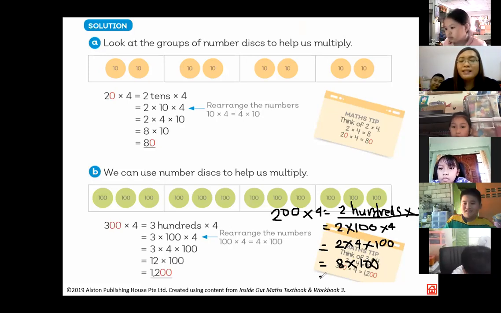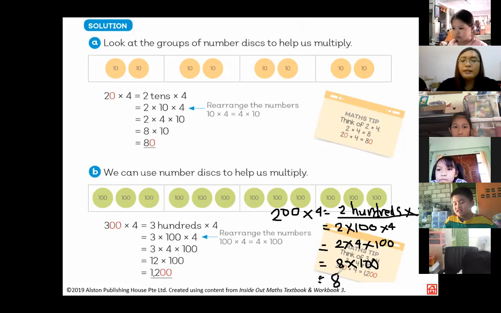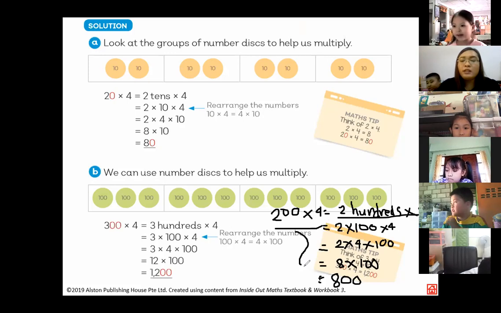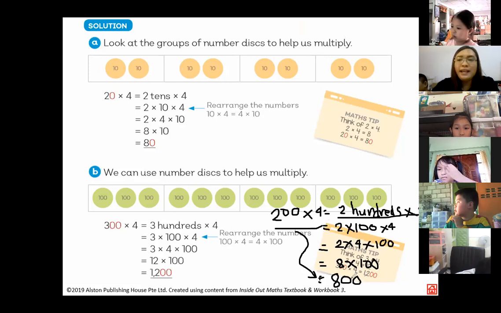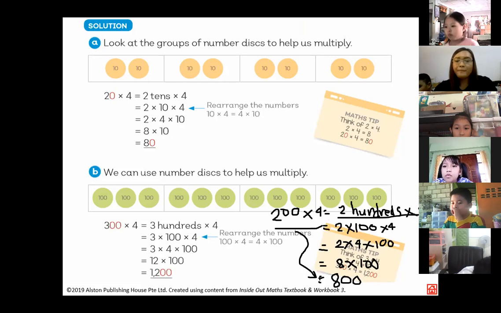So what is 8 multiplied by 100? 800. Okay. So 200 multiplied by 4 is equal to 800. Do you understand? Yes, I do, teacher.